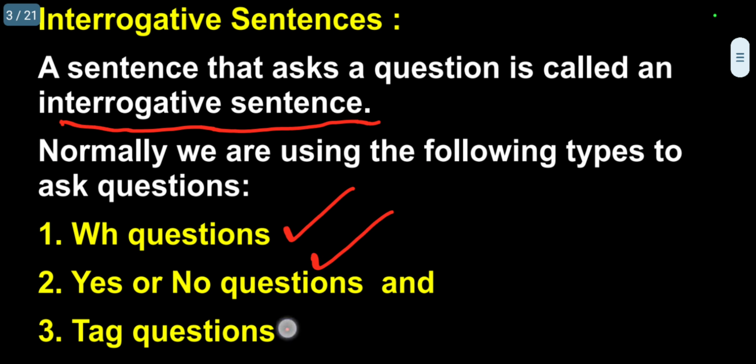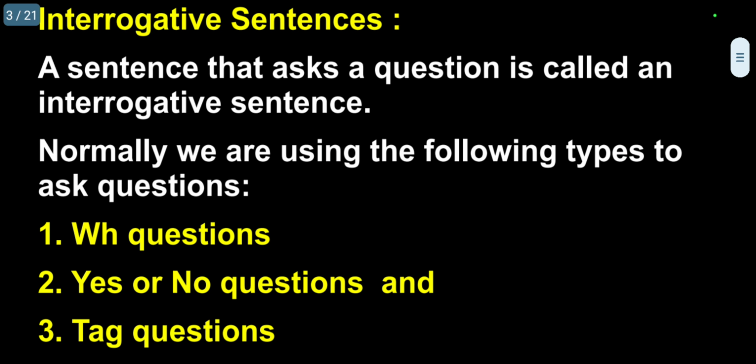Number three, tag questions. WH questions we have already discussed and published on YouTube. Kindly refer to the previous topics. Under yes or no questions, today we are going to discuss using do, the auxiliary verb. Tag questions we will be discussing in future.